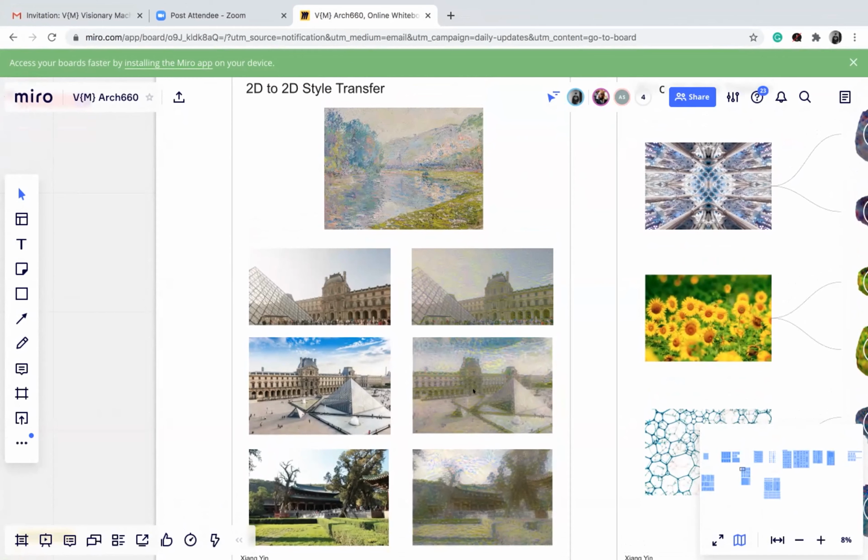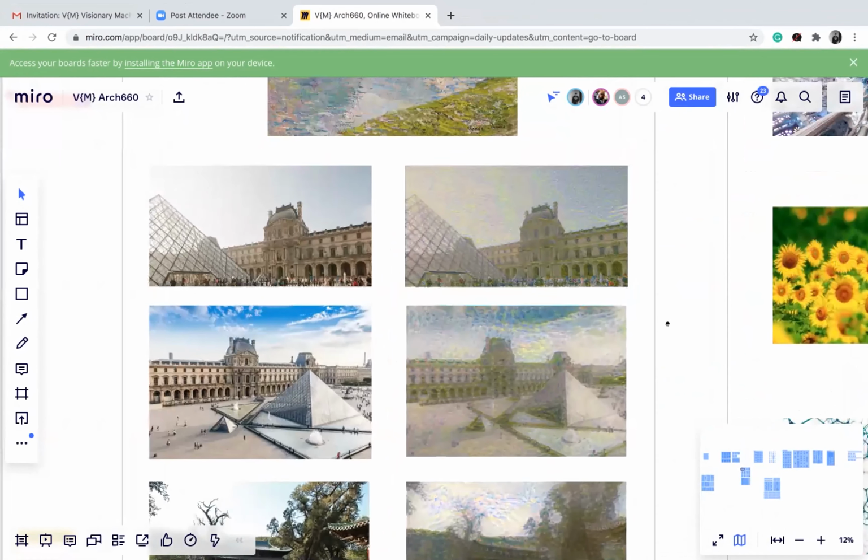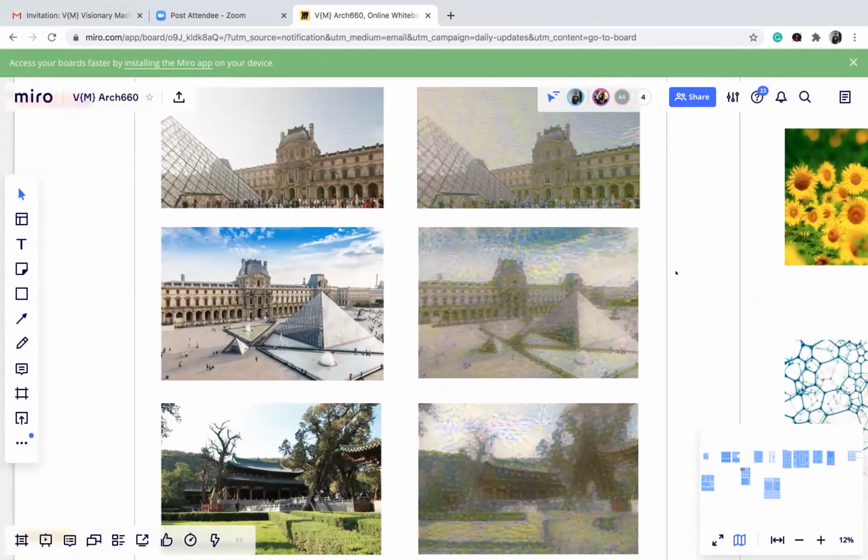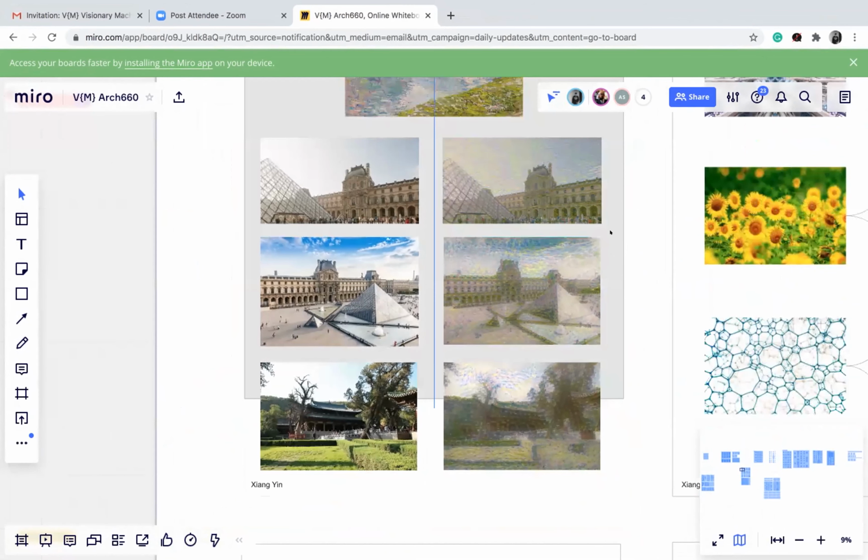The style image I chose is a painting, and I chose different kinds of content, so it would have the feeling of an impressionist painting.